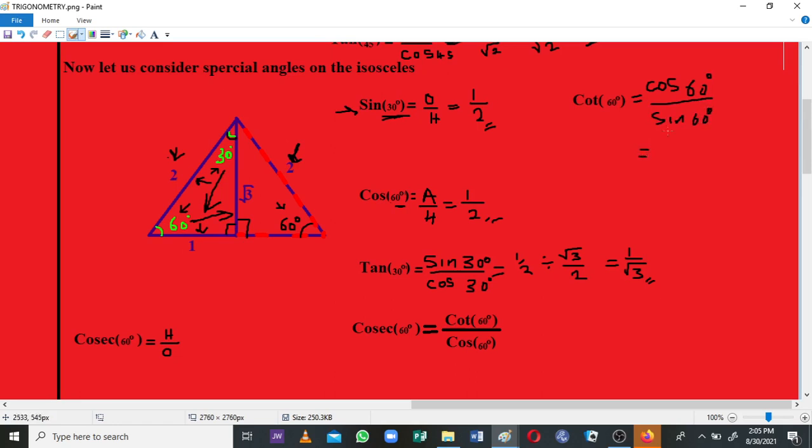Now we know that cos 60 degrees is equal to half, right? Because when you go to 60, your adjacent is equal to 1 over 2.